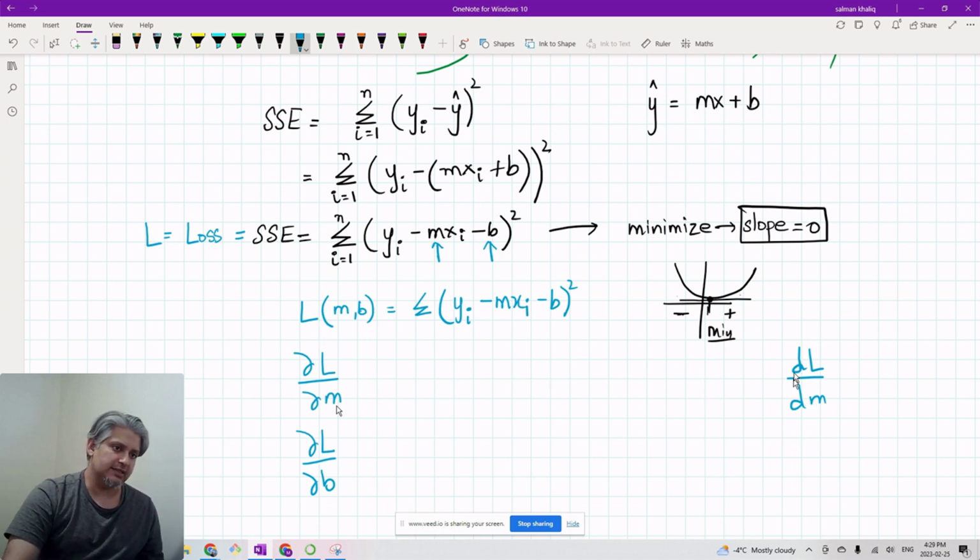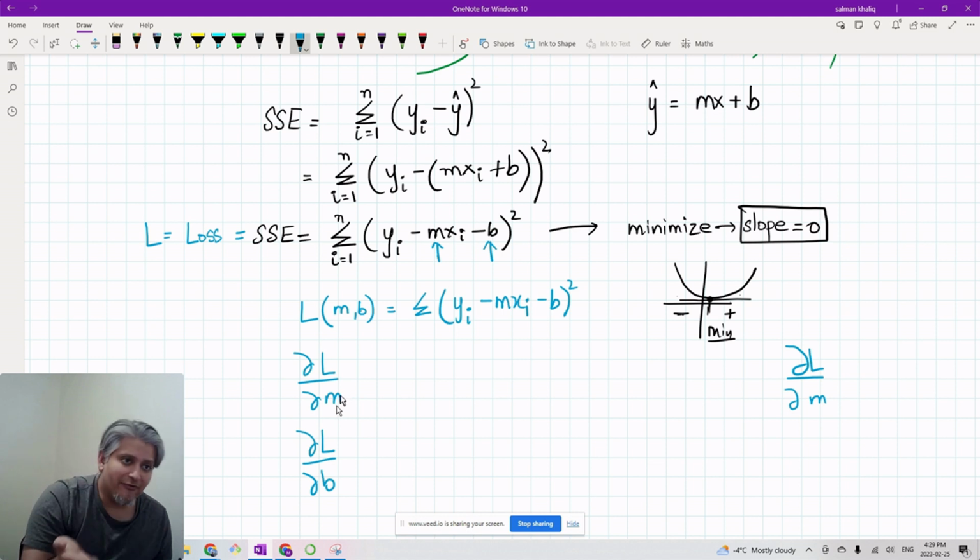If that is the case, you write this d, but when you write the ∂, something like a crazy one, a mirrored 6 kind of a thing, this is telling you that the function is dependent on multiple variables. However many variables it depends on, you need to find the minimum of that loss function with respect to every variable it is dependent on.